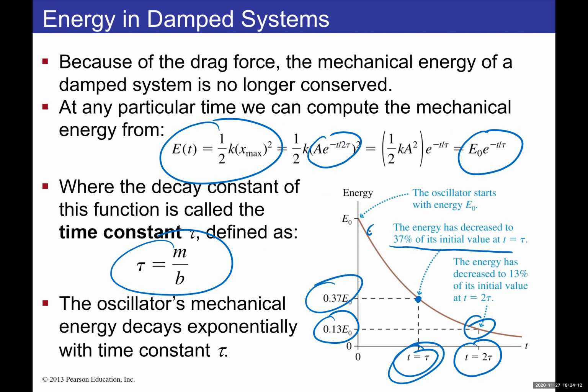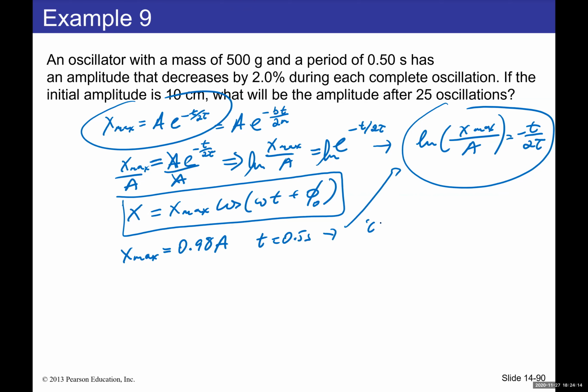Because then I can say tau is equal to, so if I'm rearranging, it will be negative t over 2 ln x max over a, like this.